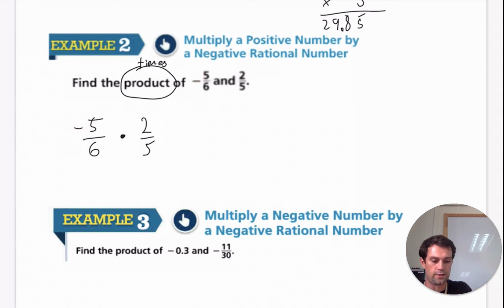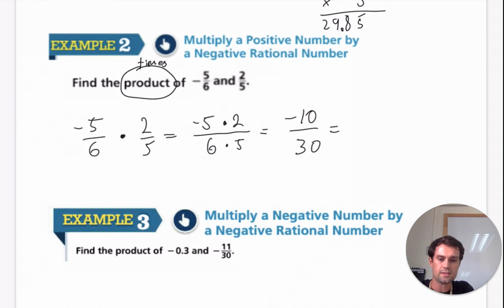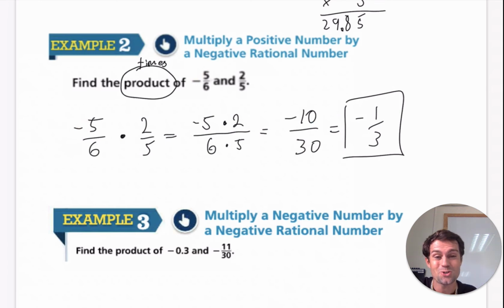So when we multiply, we are just multiplying the top row together and the bottom row. Negative 5 times 2 over 6 times 5, so negative 10 over 30. When we simplify this, we will get negative 1/3. That is your answer. Multiplying fractions is, I don't want to say easy, but it's definitely easier than adding and subtracting fractions.